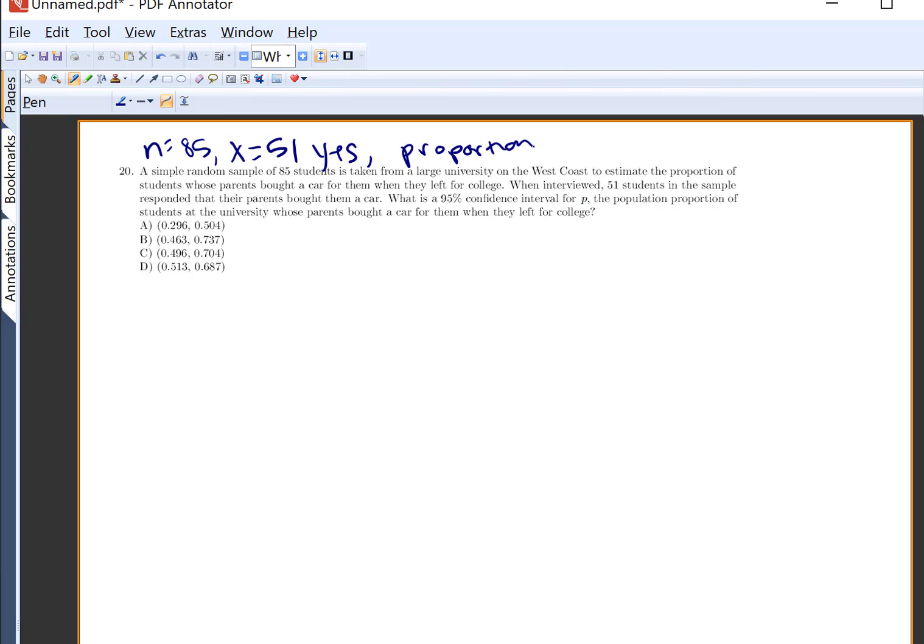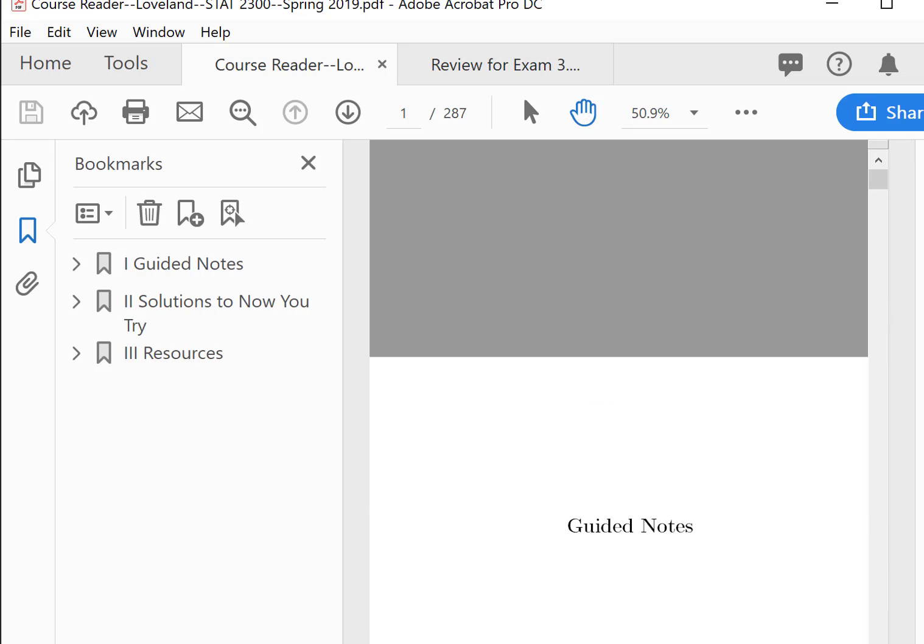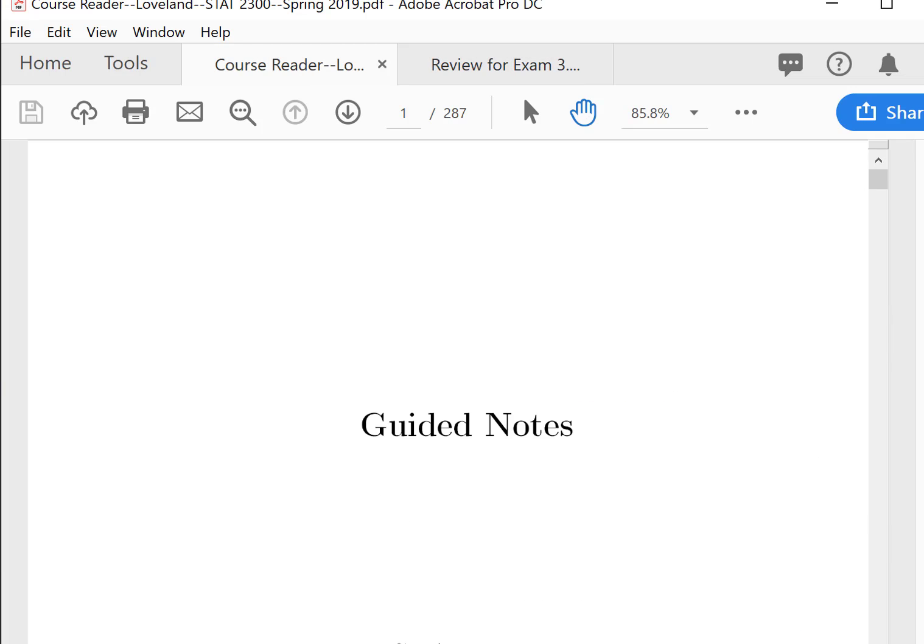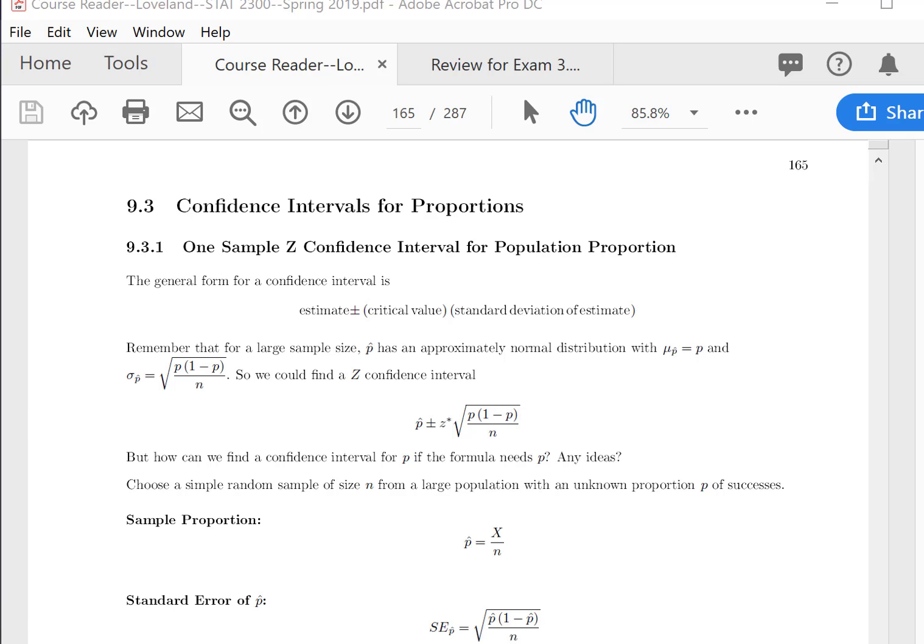So let's switch over and look at our guided notes for proportions. We have things like our sample proportion, p hat, is equal to x, the number of successes, over n.